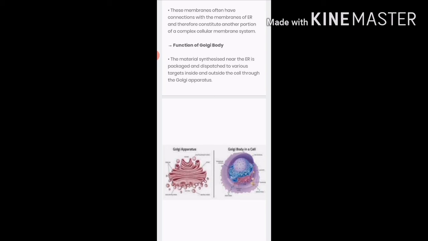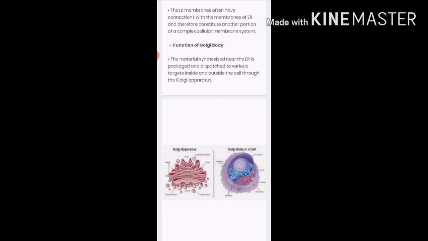That is, the material which is synthesized near the endoplasmic reticulum is packaged and is dispatched to the various targets inside and outside the cell through the Golgi apparatus. So first it is poured in the cisterns, and from the cisterns the small globules in the form of vesicle is getting cut out, and this vesicle will be moving through the endoplasmic reticulum, and again by exocytosis it is just going to burst out at the targeted place.